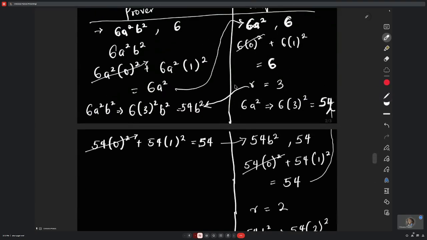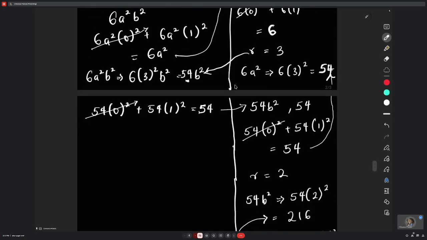Okay, so the verifier sampled a random challenge and sent it to the prover. The prover evaluated the initial polynomial 6 a square b square at the random challenge to get 54 b square, and sent 54 b square to the verifier as the univariate polynomial for that round. The verifier evaluates it at a equal to 0 and a equal to 1, sums it up, and gets 54, which is equal to the claimed sum he was expecting.